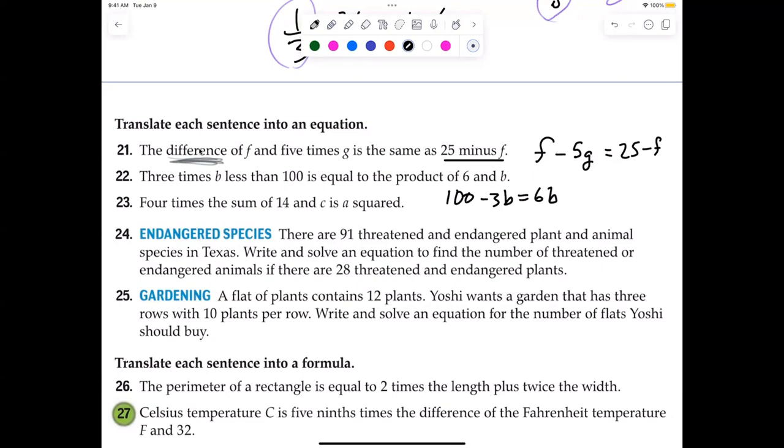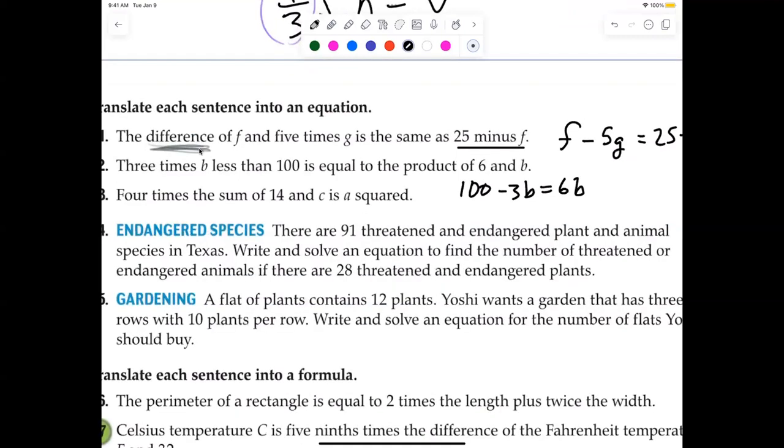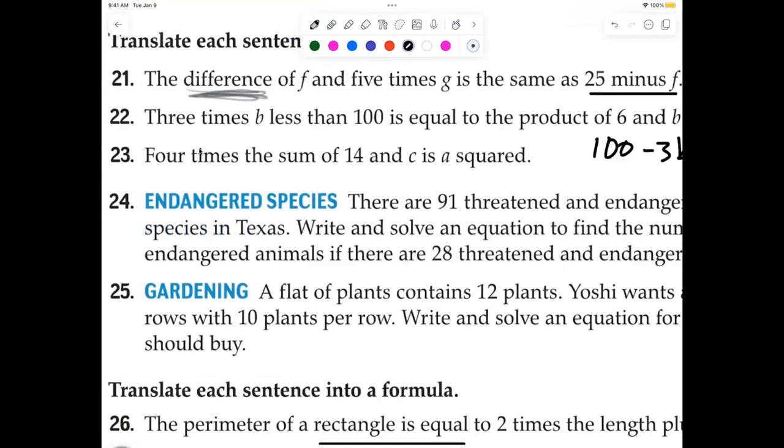All right, Suri, let's see what you can do. 4 times the sum of 14 and C is A squared. 4 parentheses 14 plus C. Wow, hold up with that. That's really good. 4 and then times the sum. Two operations in a row requires parentheses. 4 parentheses, go ahead. 14 plus C in the parentheses equals A squared. Beautiful. That's it. Very nice. Okay. Very good.